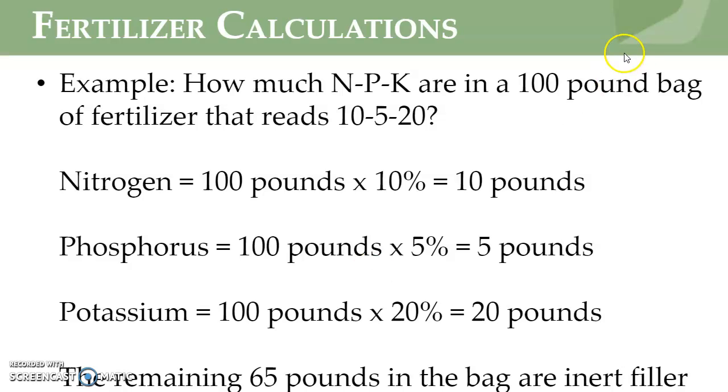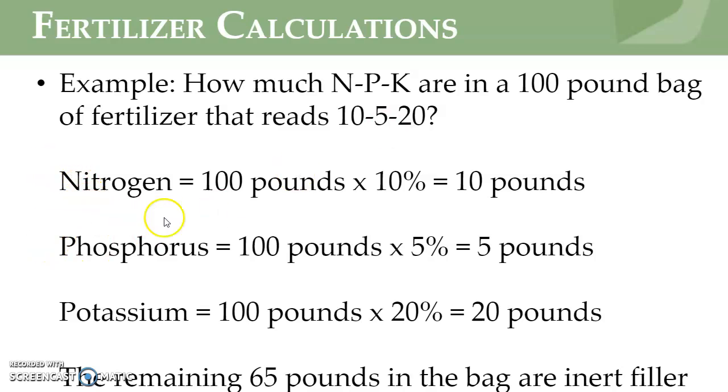Now, let's do a calculation. Those numbers mean how much of that fertilizer is in the bag. So if we have a 100-pound bag of 10, 5, 20, how much of each of those nutrients is actually in that bag?